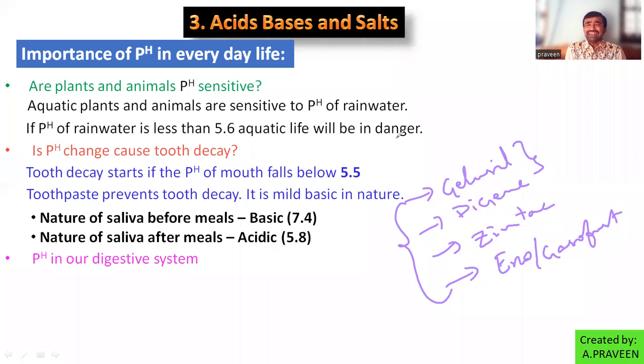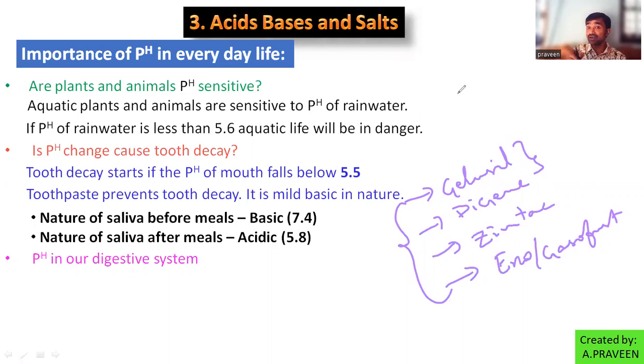Suppose you are feeling indigestion, what to do? Sometimes too much gastric juice is released, which also affects your digestion process. So while you are chewing food, saliva mixes into the food. What is the nature of saliva? Basic.